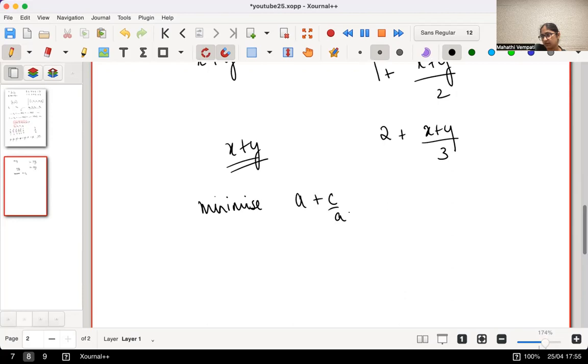And I don't know, what is the minimum of this? Is it a square root of c? Then I get 2 square root c.